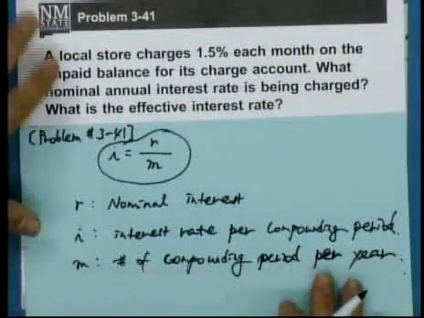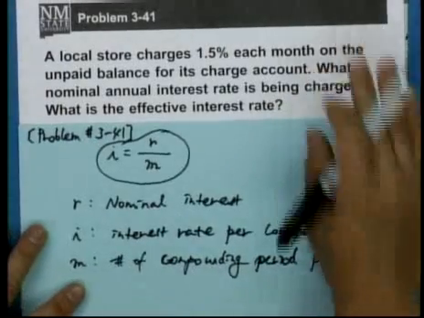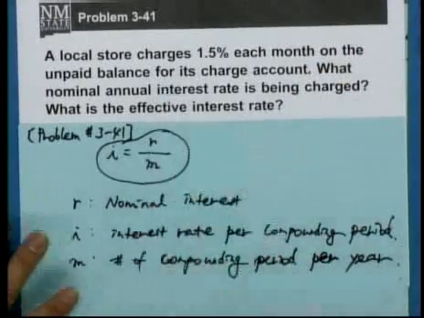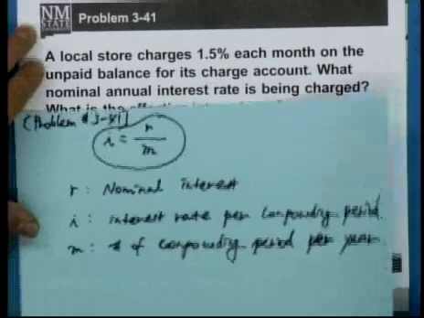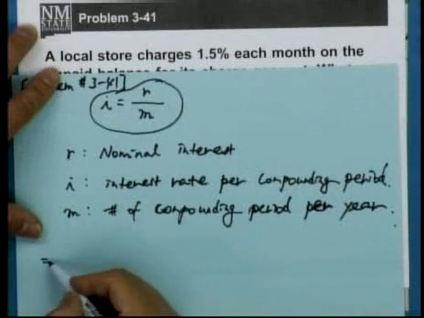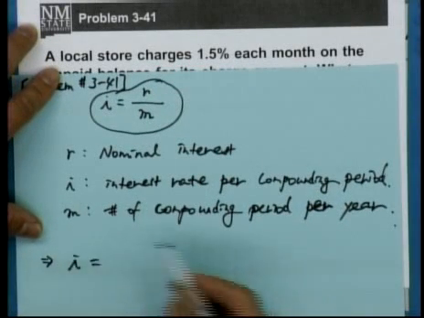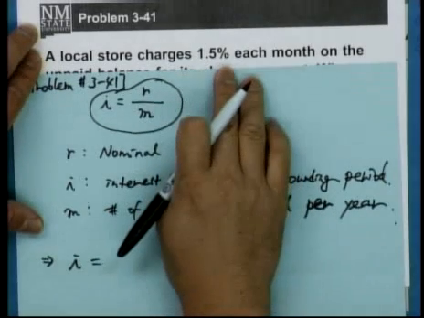So, from the problem description, you know that i is 1.5%.